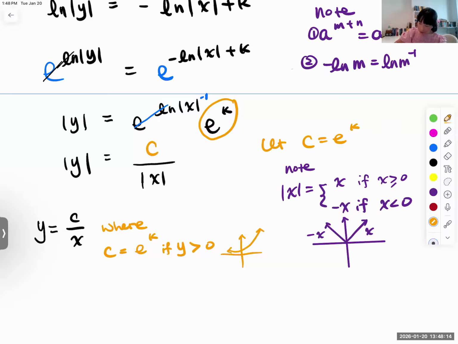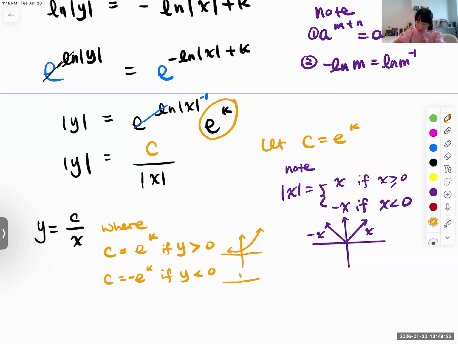Never get the 0, right? When c equal to e to the k with a negative sign, if y is less than 0, yeah?